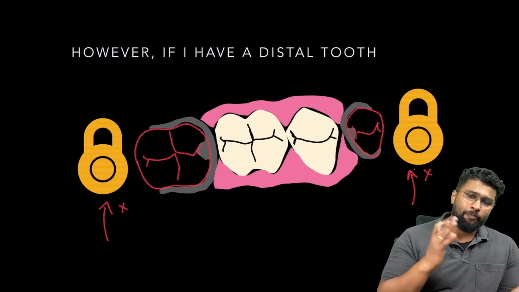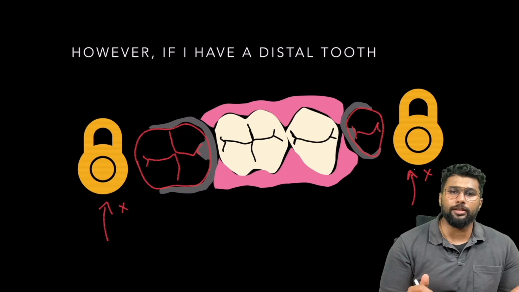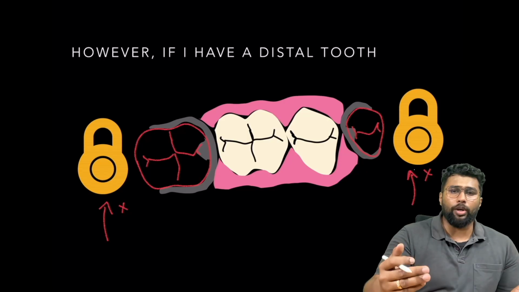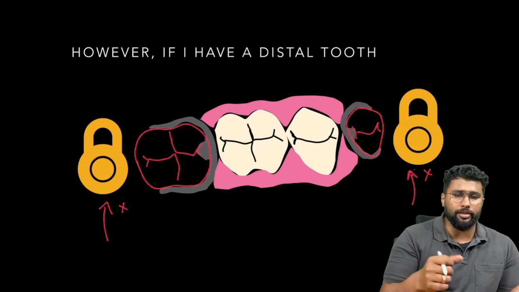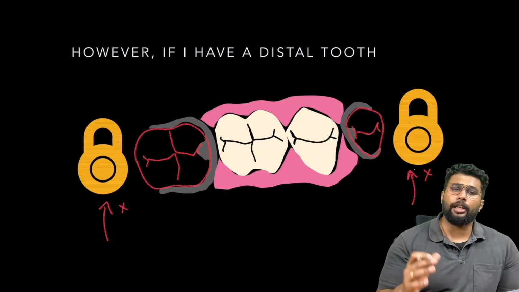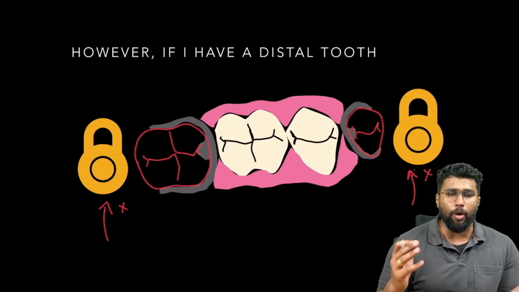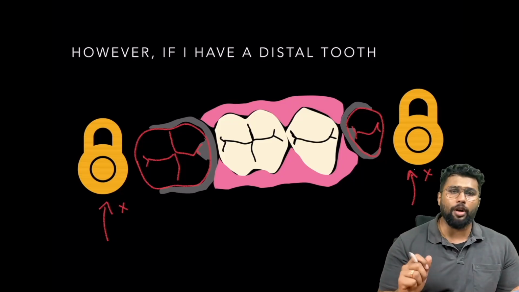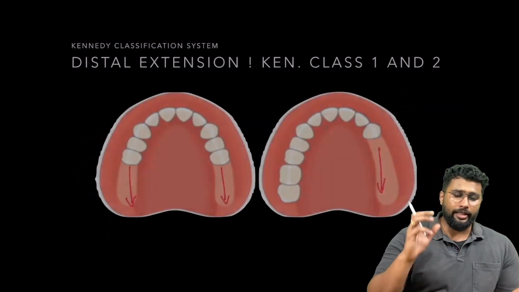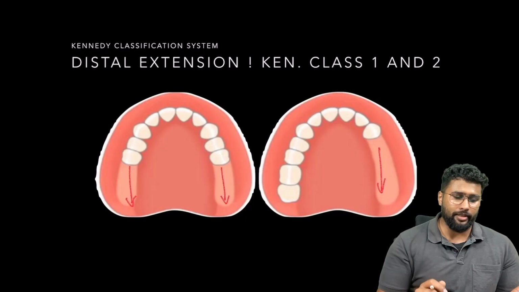In principle, this could be compared to a fixed partial denture, because there you have teeth both anterior and posterior and you are cementing a prosthesis. Whereas here you have clasps that engage these natural teeth and therefore the prosthesis can be expected not to move. This is the importance of a distal tooth in a partially edentulous situation. And this is exactly what was based on the Kennedy's classification, right?